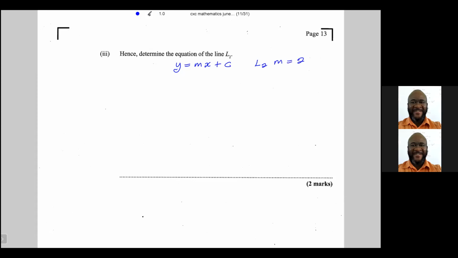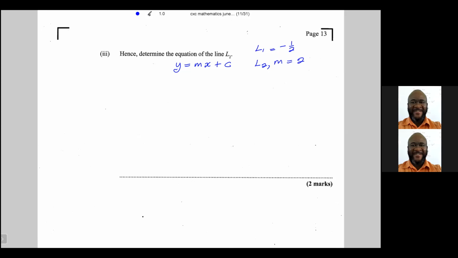Remember, the gradient for line 1 was equal to minus a half, and line 1 and line 2 are perpendicular to each other. So if two lines are perpendicular to each other, and you know the gradient of one, to find the gradient of the other, you just simply invert it and change its sign.